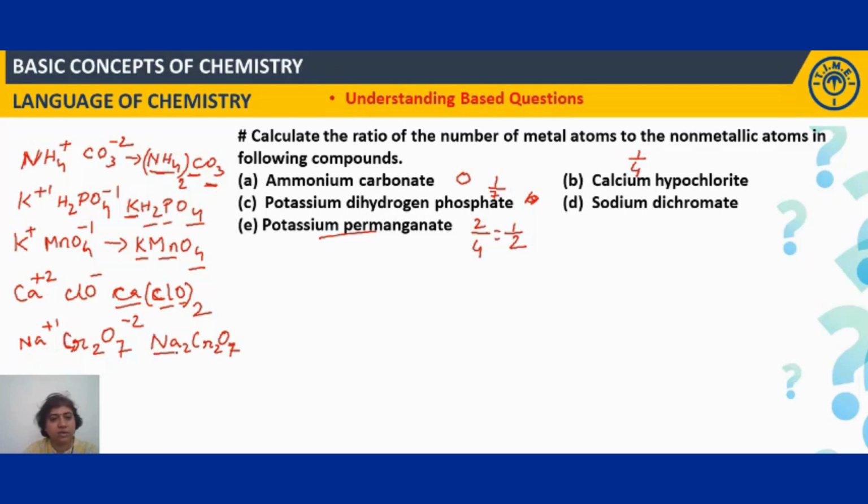Here what are the metals? Sodium and chromium, both are metals. So Na2Cr2 means 2 plus 2, 4. So for sodium dichromate, numerator is 4, denominator is 7, because 7 oxygen atoms are there. So 4 by 7. Okay, done. Now I am giving you some time, you understand and write it down, then we will check the solution.